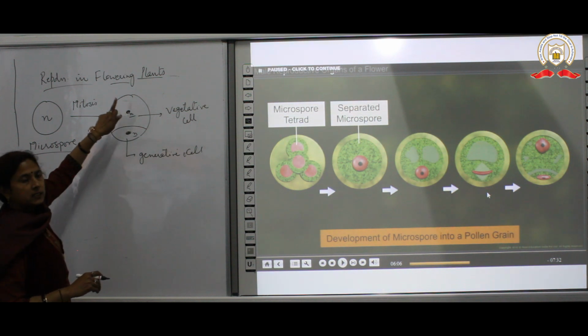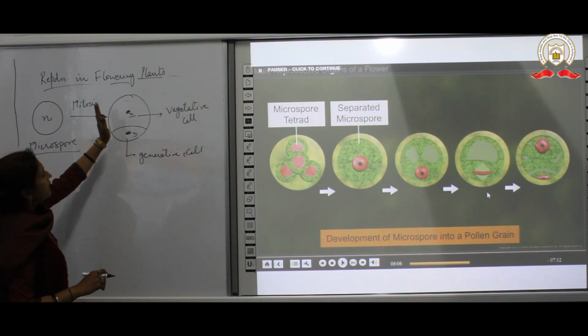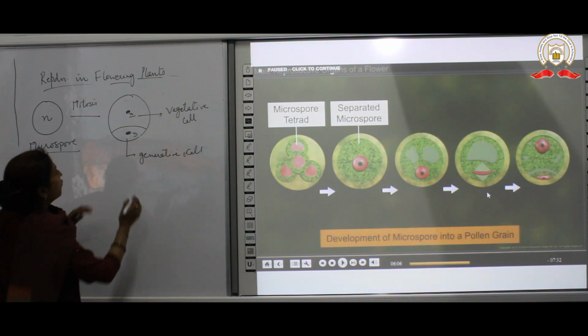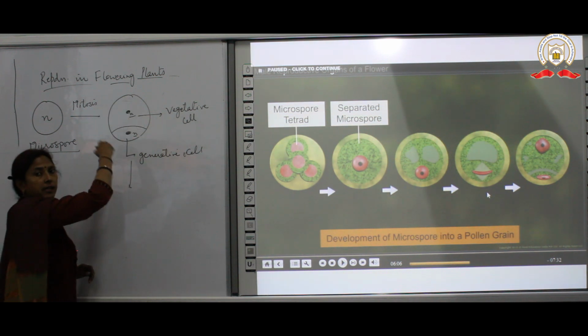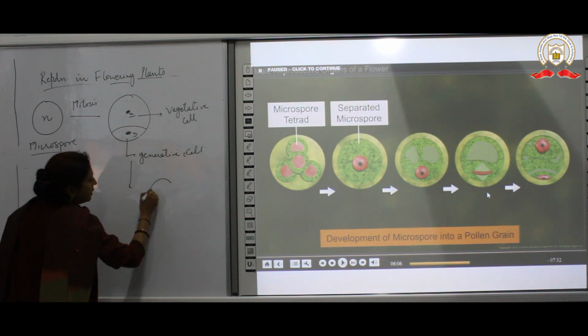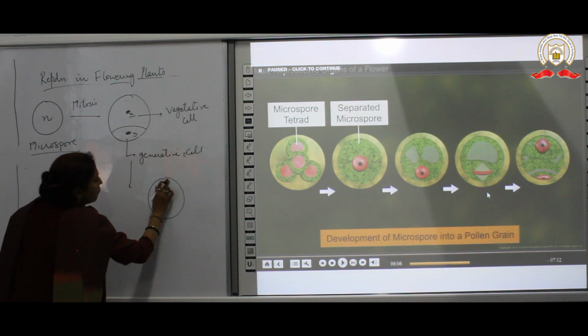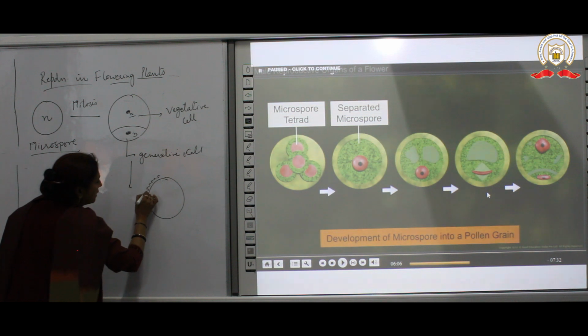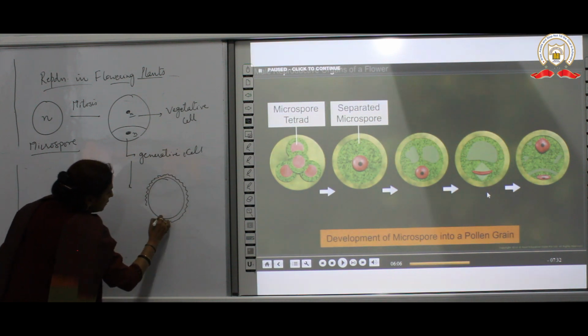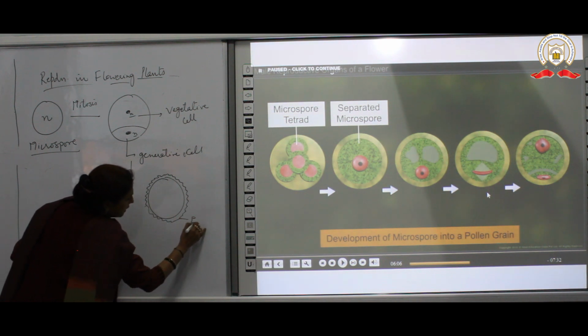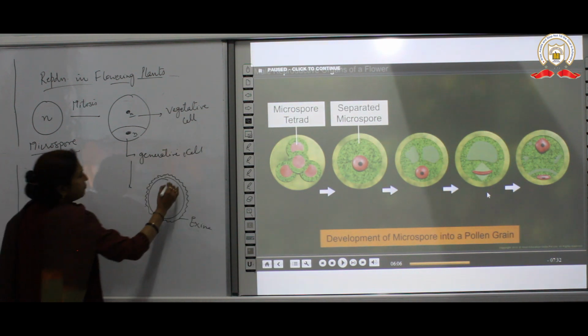As this cell is dividing and giving rise to the gametes, what happens? There is development of an additional layer outside the pollen grain, which is known as exine.